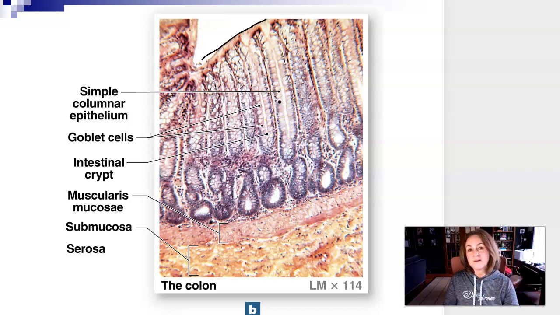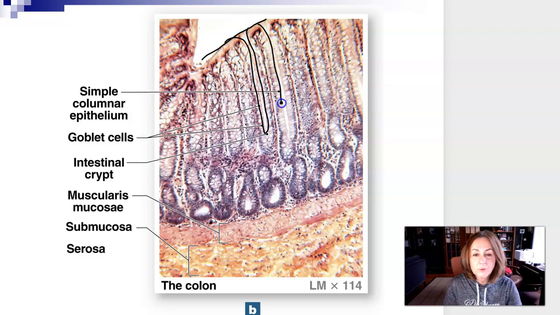And as a matter of fact, I think that we usually use this slide in AP1 as an example of simple columnar with goblet cells. So what we're seeing here, even though it has that nice smooth surface, is you're seeing these pits move in. These are intestinal glands. Okay, they're exocrine glands. This is a really good depiction of one.